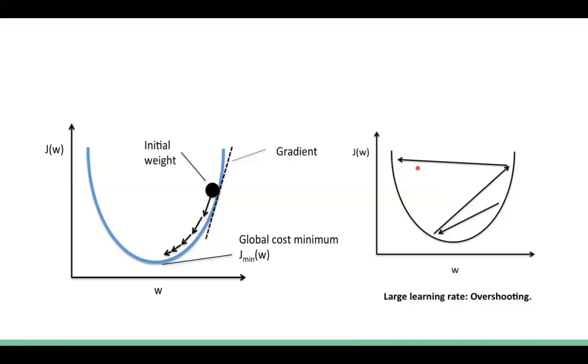If it is too large, there is a possibility that it will overshoot like this. Generally people tend to keep alpha at a larger value because it takes fewer iterations for the machine learning model to reach the global minimum, thinking that the algorithm will converge very quickly.